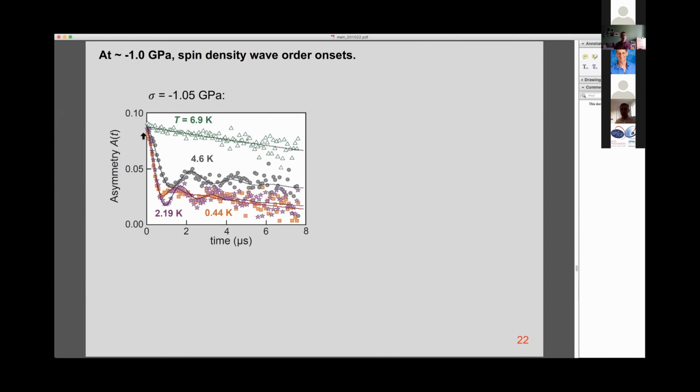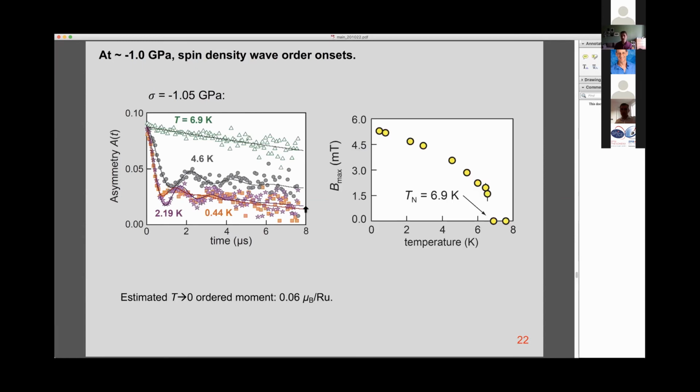At lower temperatures, they see these oscillations in the polarization. That is a typical response for spin density wave order. And then here, this is the internal magnetic field extracted from these plots on the left versus temperature. The Néel temperature is about 7 Kelvin. So the estimated zero temperature ordered moment is about 0.06 Bohr magnetons per ruthenium.